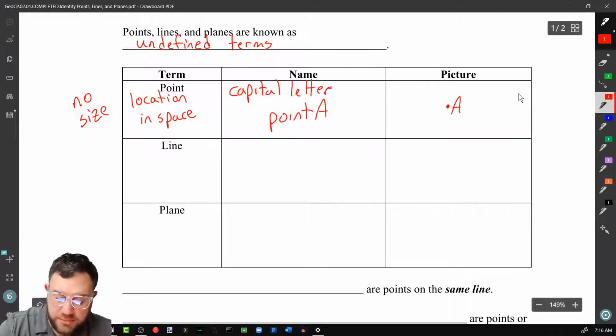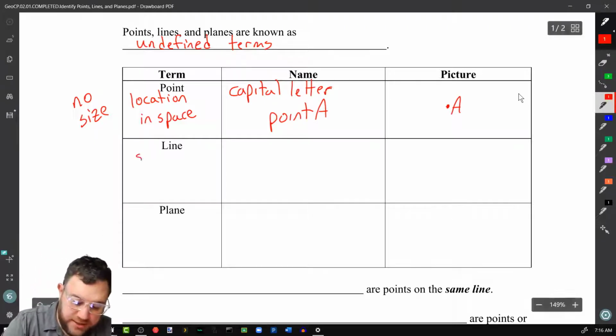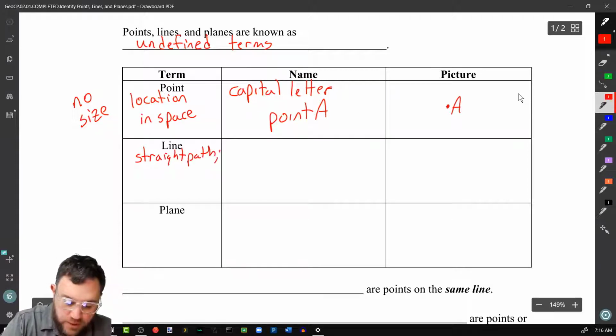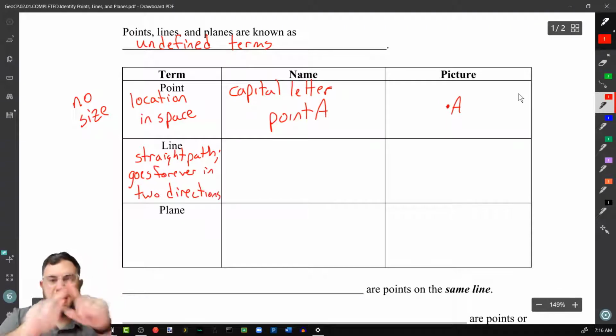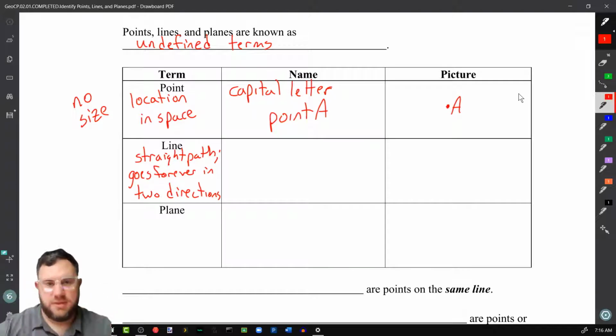Our next term is a line, and you did lots of work with lines in algebra. But a line is a straight path, and it goes forever in two directions. So if we had a line right here, it would go forever this way and forever that way. And all lines are straight.